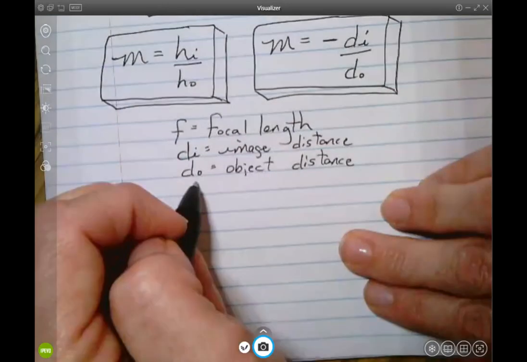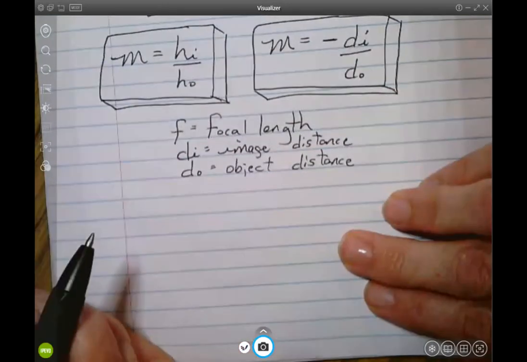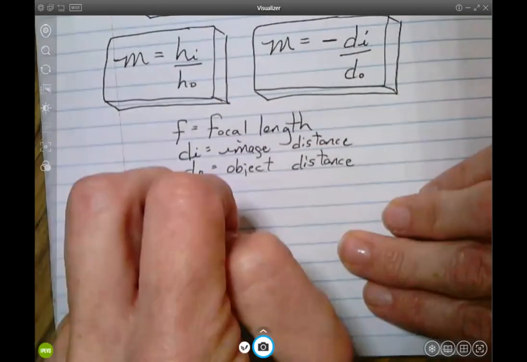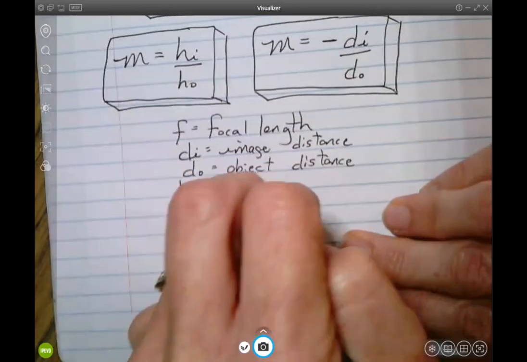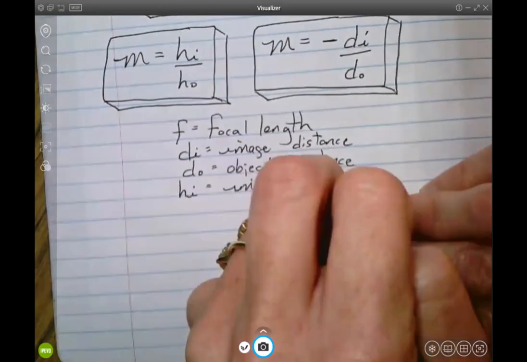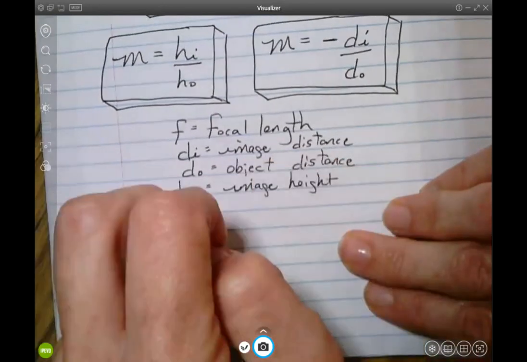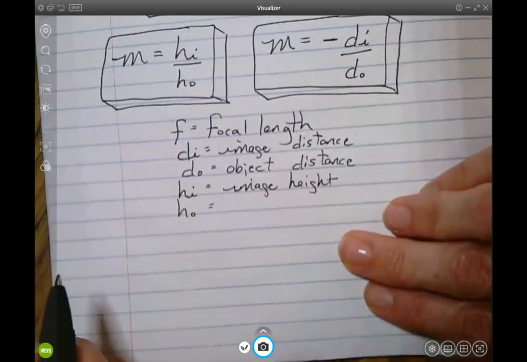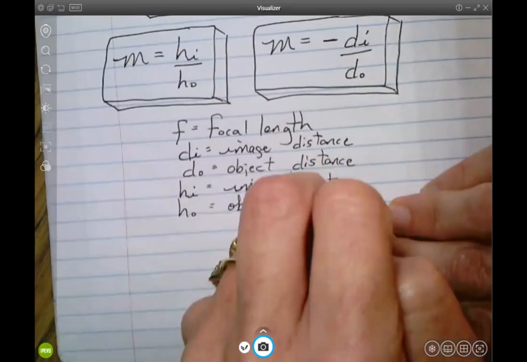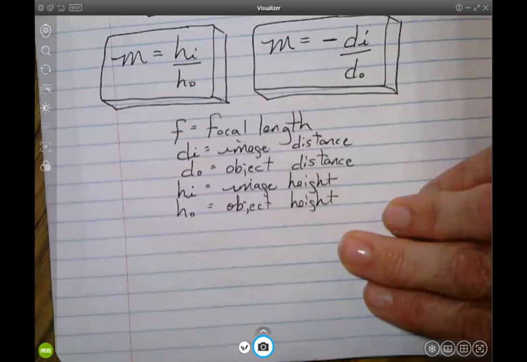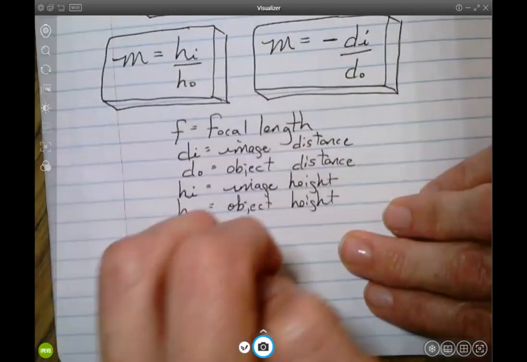I is image, O is object. Okay. HI, what is that? Image height. Good. And HO is object height. M is magnification.